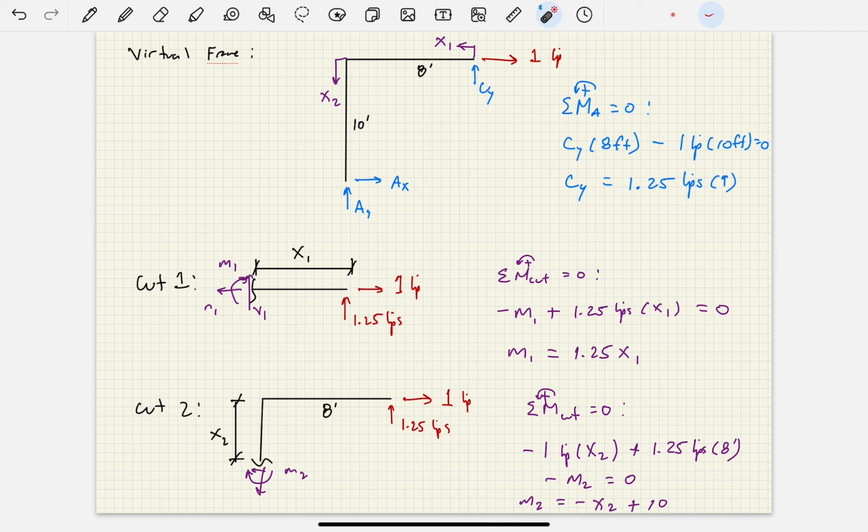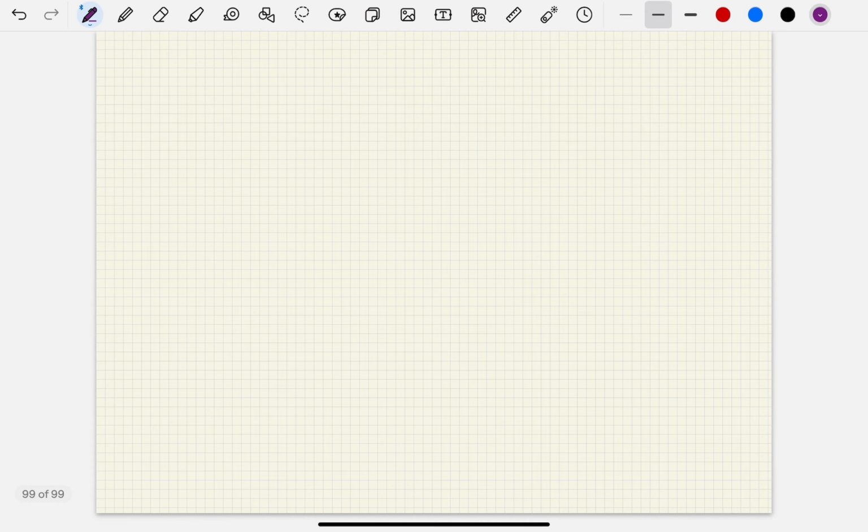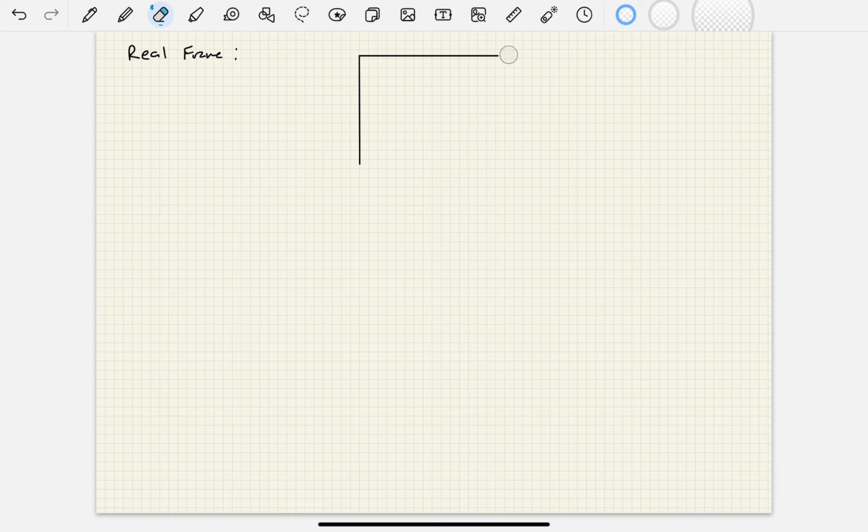Am I done? Nope, but I'm about halfway done. The next thing I need to analyze is the real frame, okay? So I'm going to say real frame. And I'm going to go ahead and just redraw that quickly for us so we know what we're looking at. Let me make it a little bit smaller just so I can show it compact a little bit.